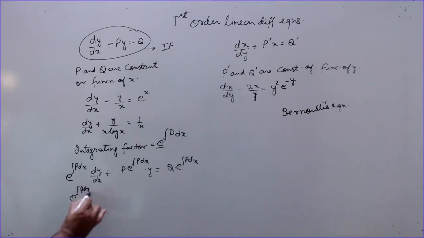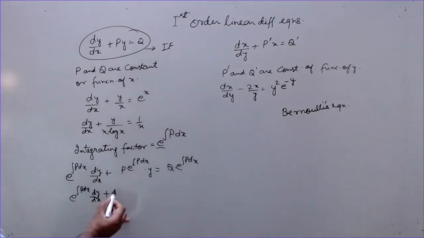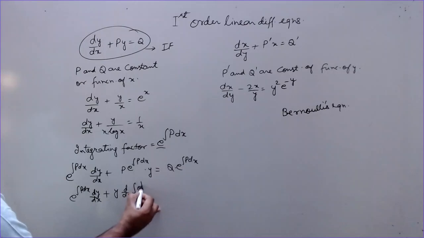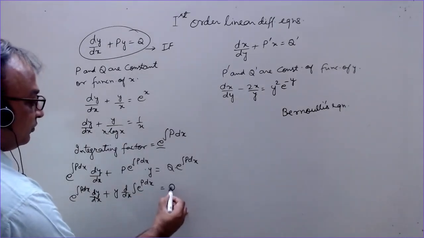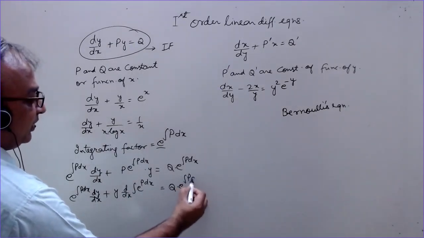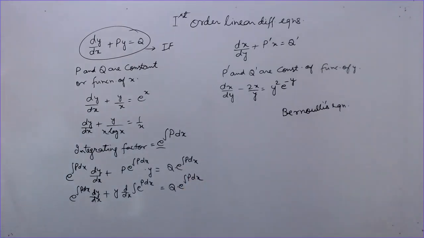dy by dx plus I can write y into d by dx of integral e to the power p dx. So this will give you the same value here. This is equal to q exponential e to the power p dx.